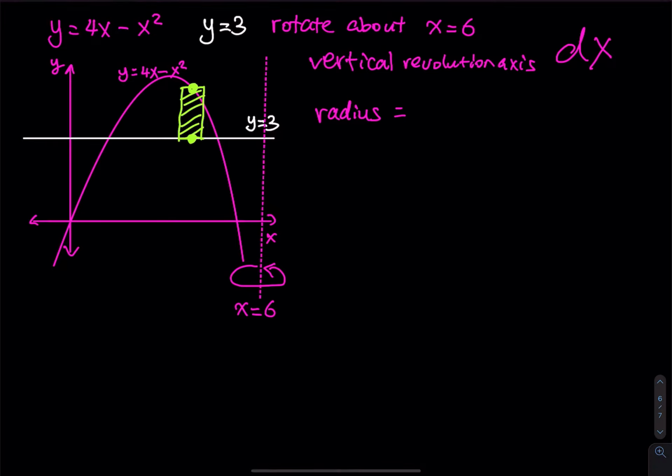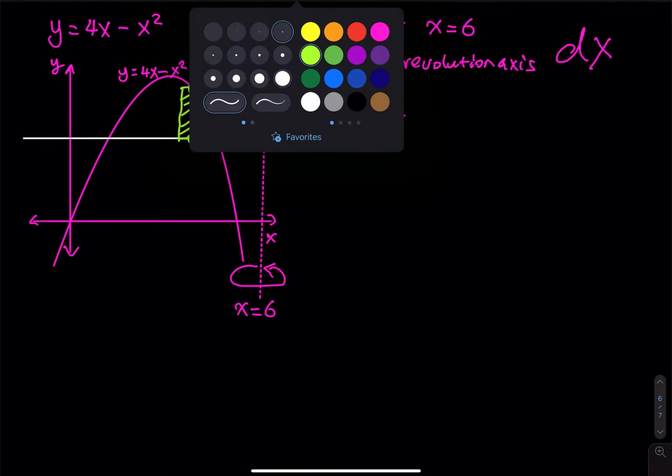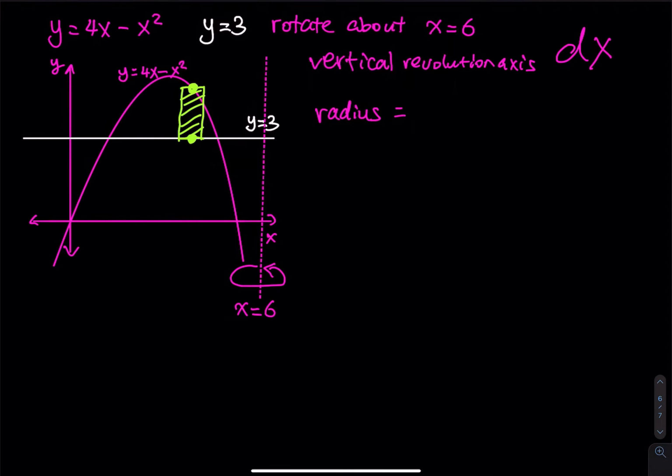So which one minus which one? We always use right minus left, which is 6 minus any x, right? So any x, this is x equals 6 minus any x in the region. And then what about the height?